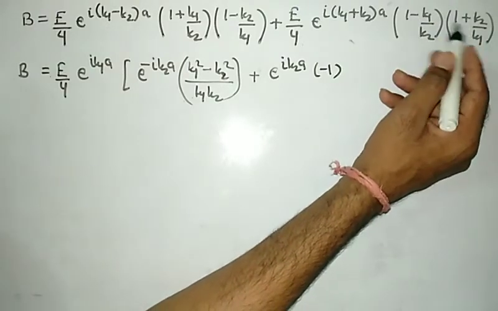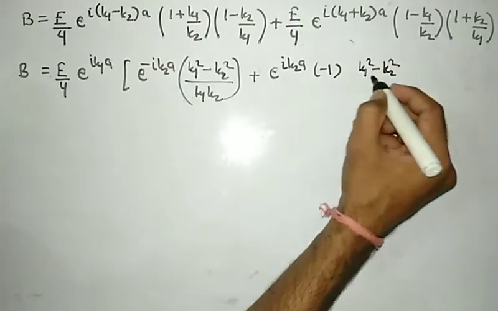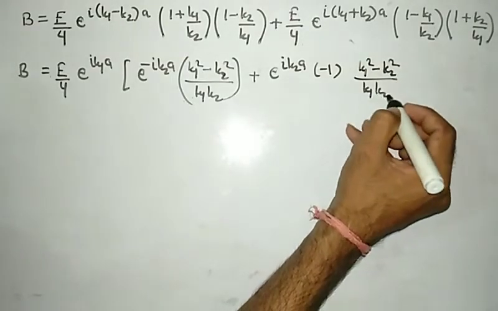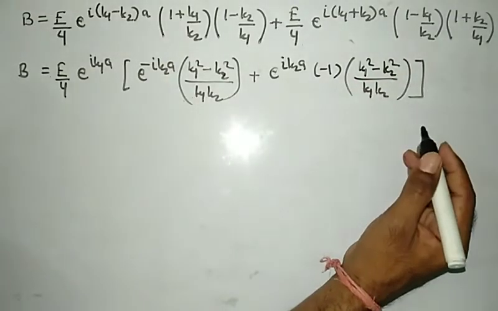So again here also k1 square minus k2 square upon k1 k2, using a plus b and a minus b wholes.